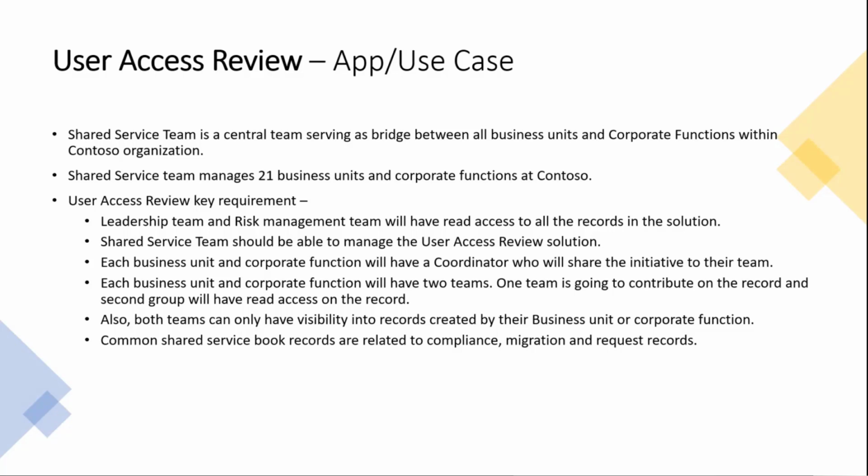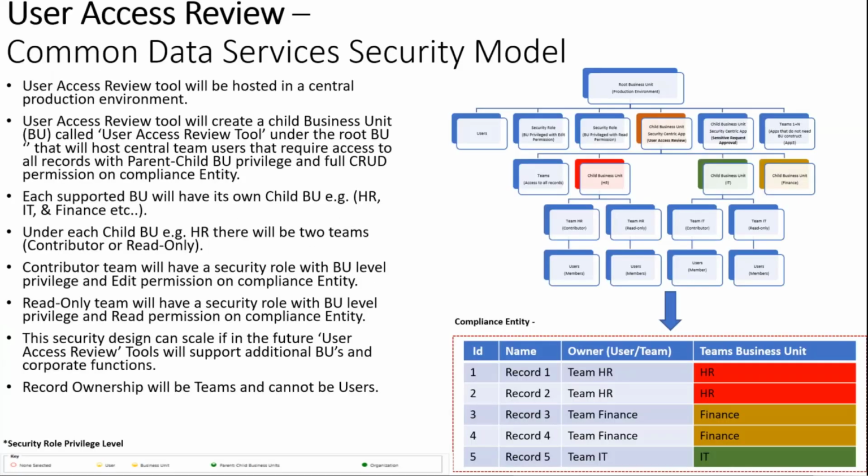For this use case, which was a classic case to implement a business unit structure, the way they went about doing this is, each CDS instance has a root business unit. So they created another business unit for the application, which they called the user access review business unit.